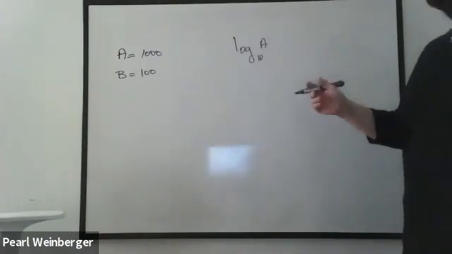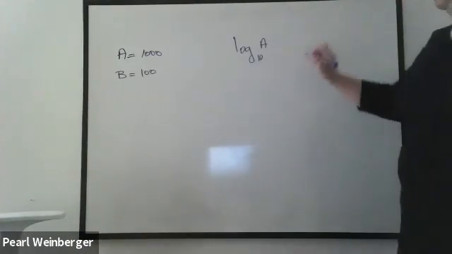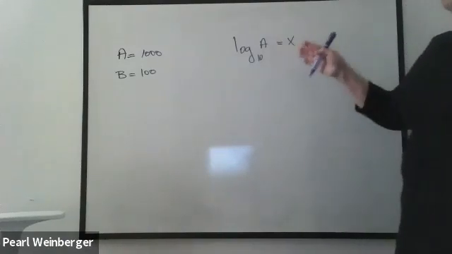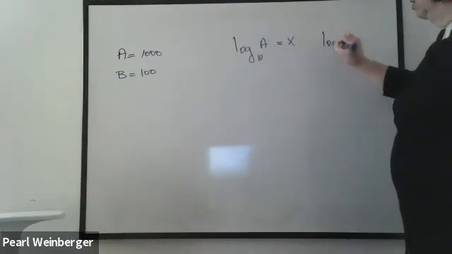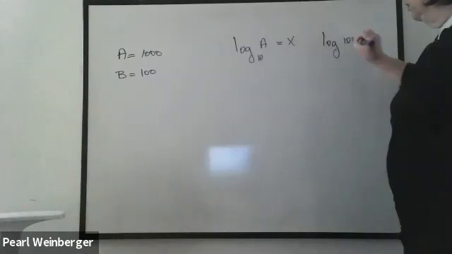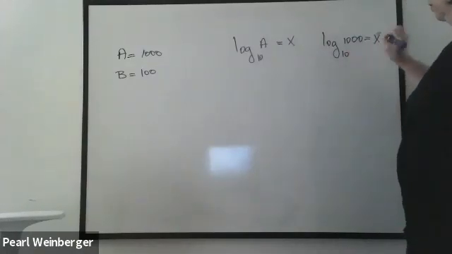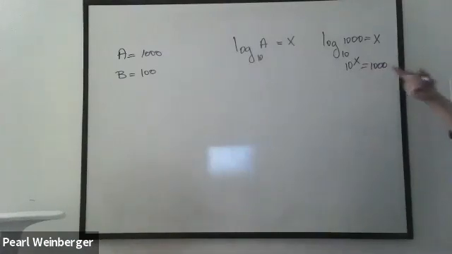Now, there are two ways of figuring this out. One way is to just do it the way we did before. I don't know what it is, so let's call it X. And of course, then I'm really doing the log of 1,000 at base 10, which we're calling X. And 10 to the X is 1,000. 10 to what exponent should I put to get the number 1,000?